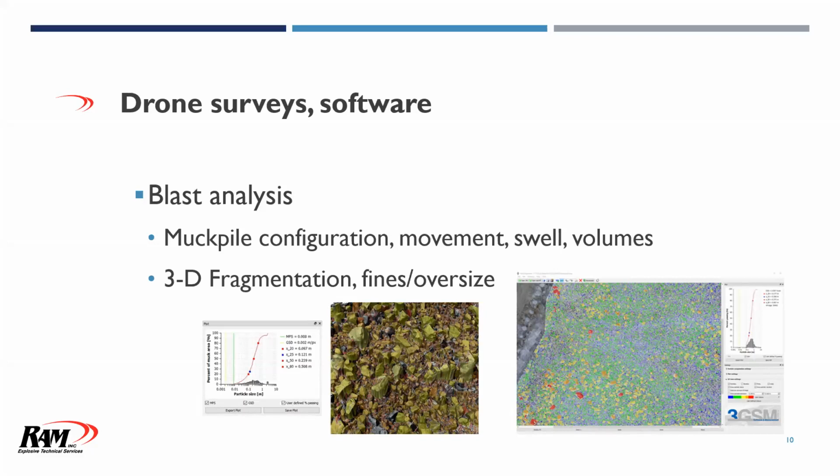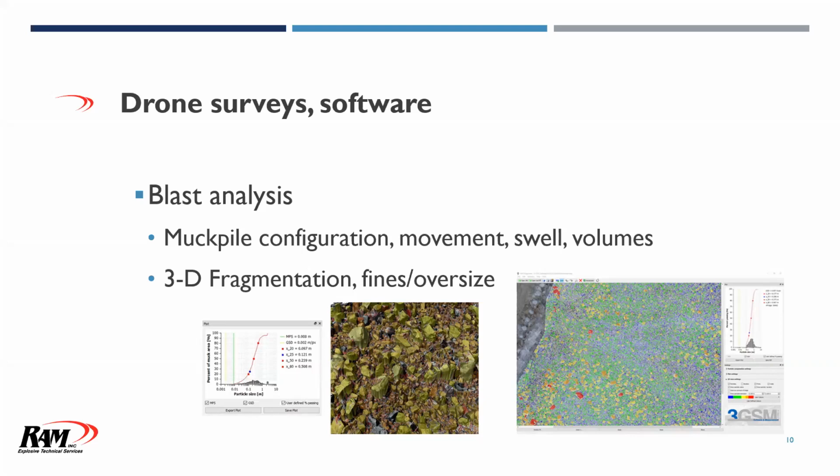It had a difficult time determining fines versus solid materials. Well, now we've been able to overcome that with 3D fragmentation, because as we fly that muck pile, we don't have to introduce any scale onto the pile like in the past, which typically was a problem and even dangerous in some areas to be able to do that. Now we can just fly over the muck pile, capture it.